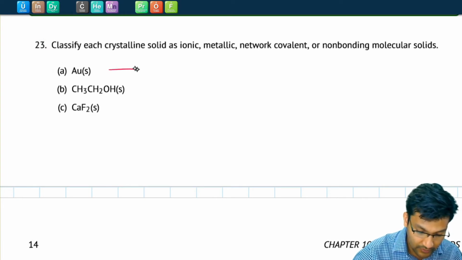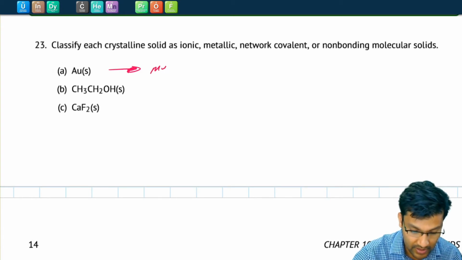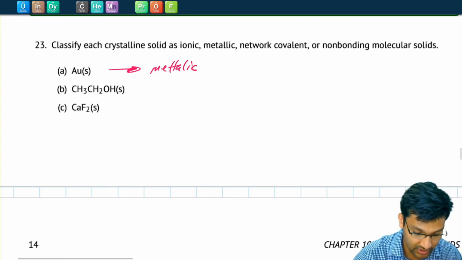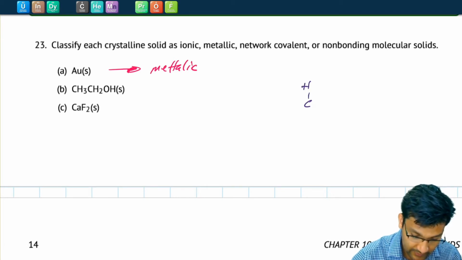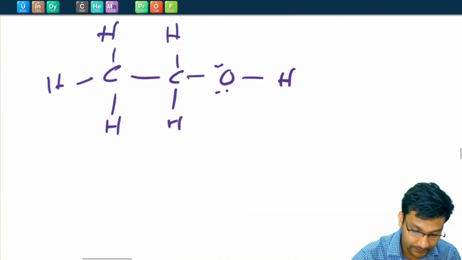Okay, let's look at gold. Solid gold. It's just made up of one kind of atom, but it's a metal atom, so we know that this would be a metallic crystalline structure. Next, CH3CH2OH. If we were to draw the Lewis structure, it would look like this, right? This is ethanol.